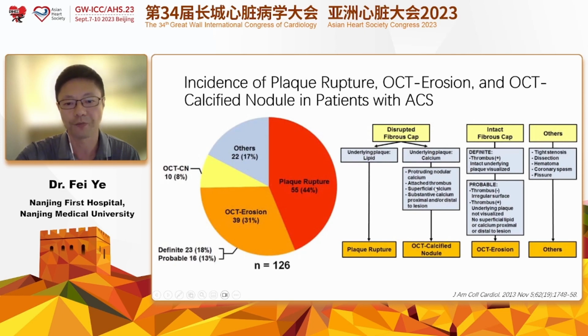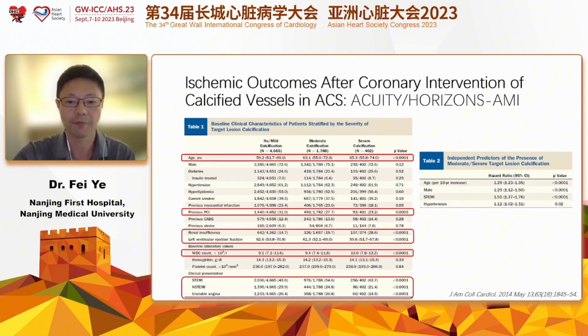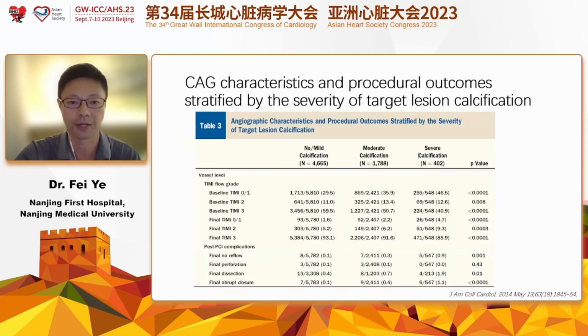Especially calcification is not popular in daily practice, but it's popular for some special patient populations, just like chronic kidney disease and older patients. Another paper was published that showed that for ACS patients, coronary intervention for the calcified lesion has a poor outcome compared with a non-calcified lesion.